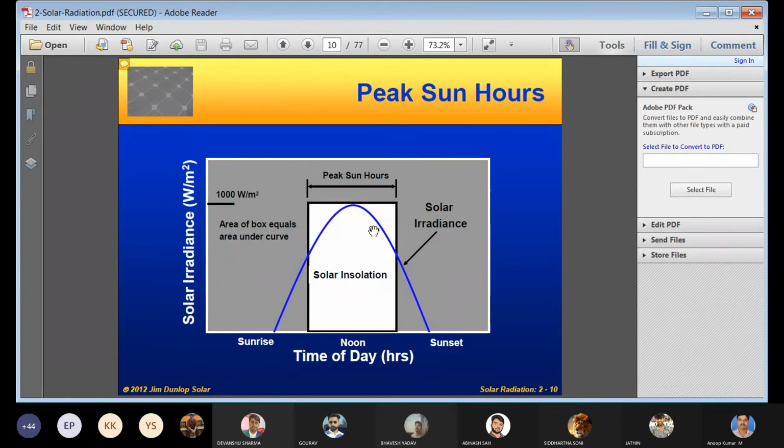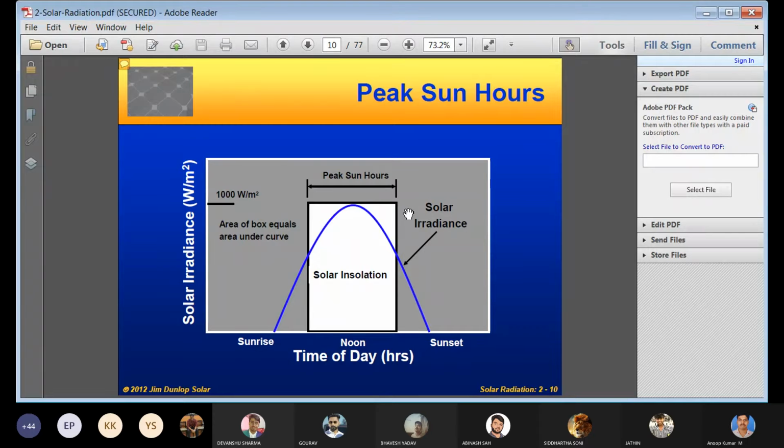Peak sun hour we can talk about like this. Again, the solar irradiance power curve is there, the blue one. Into time means we will get energy. That energy we can express as a square. Suppose peak power is 1000 watt per meter square.